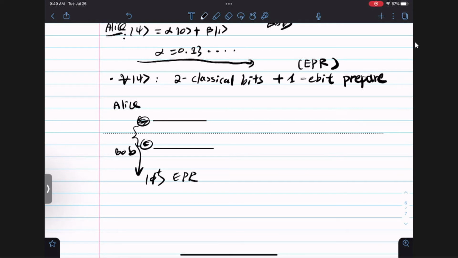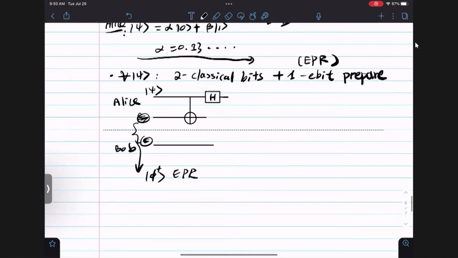And then Alice has some arbitrary input state psi here that she wants to send to Bob. Now, what happens is Alice just needs to apply a CNOT and then a Hadamard on the first qubit, and then perform a measurement.